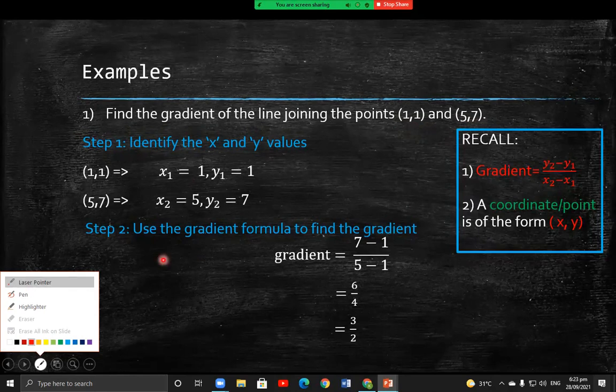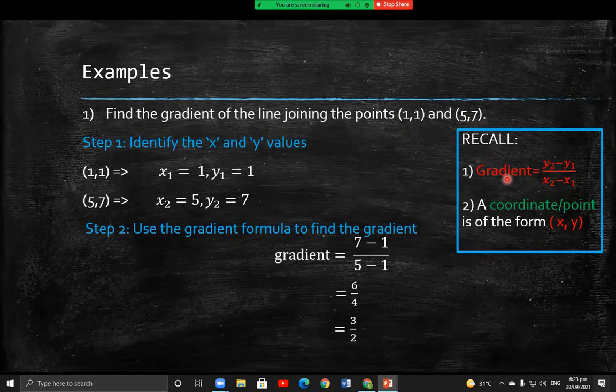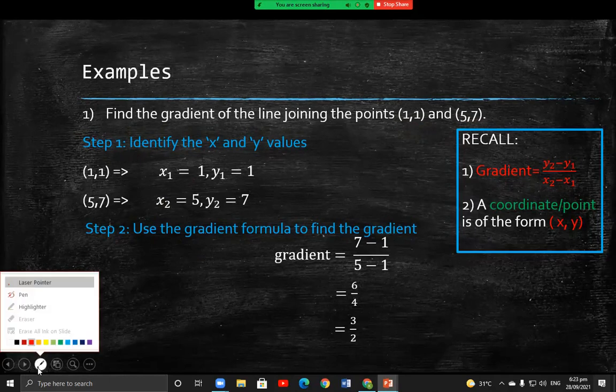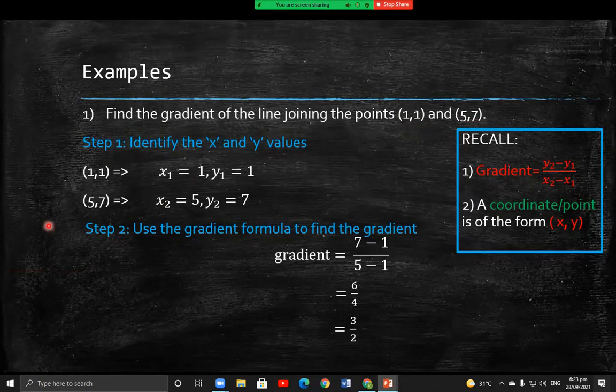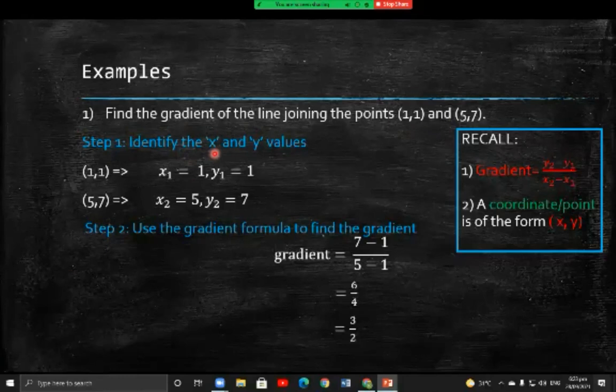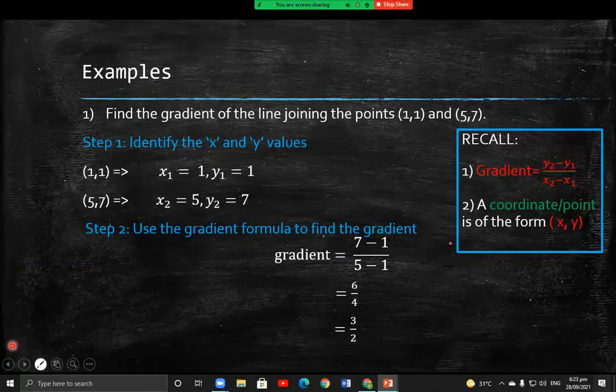Remember from the slide just now, the gradient, also known as m, is y2 minus y1 over x2 minus x1. So the first thing I want to do when they ask me a question like this is identify my x and my y values. Remember, a coordinate or point is in the form x, y.